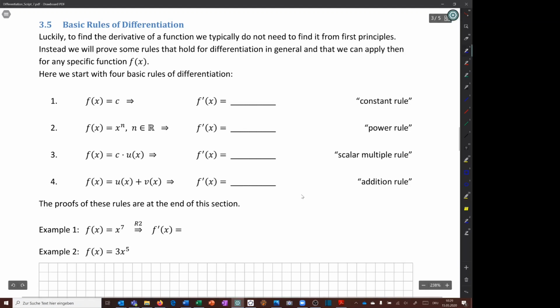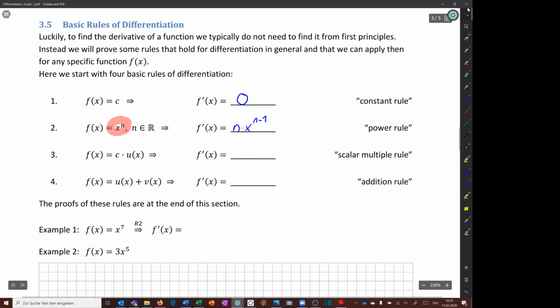The first rule is if f of x is just a constant function, then f dash of x, the derivative, is just 0. Second rule, if f of x is just x to the power of n, so a power function, then the derivative is n times x to the power of n minus 1.